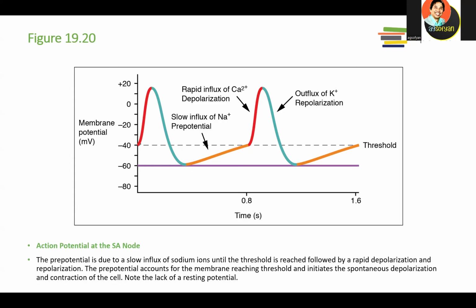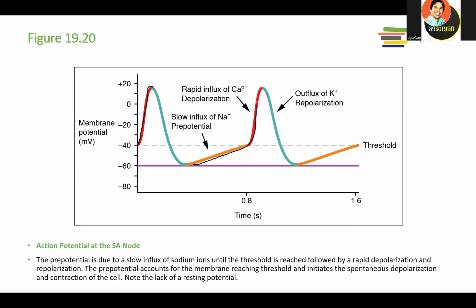What are we measuring? Actually, we are measuring the ions. Okay, during the first stage, the sodium channel will be open. Therefore, we can see an increase of sodium concentration. After that, the one that will open is the calcium channel.